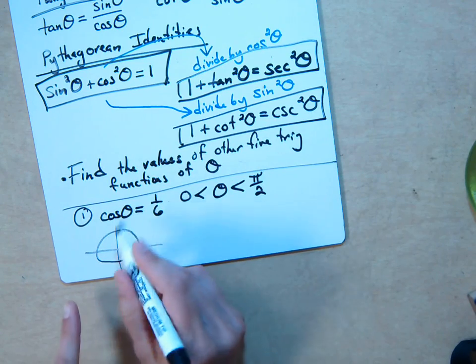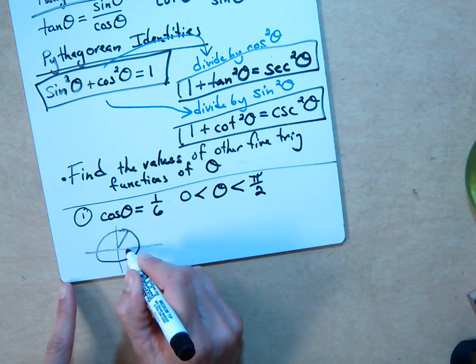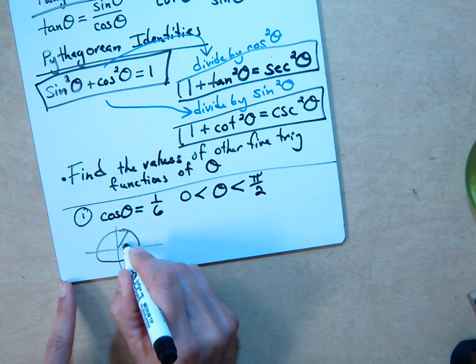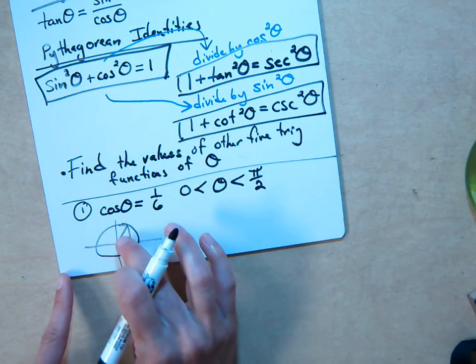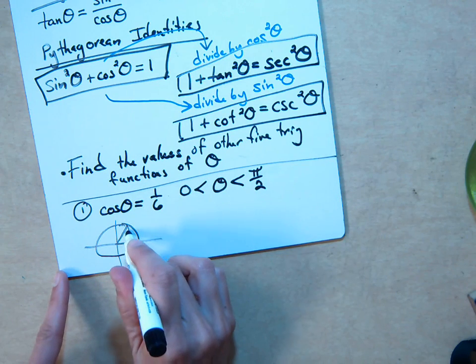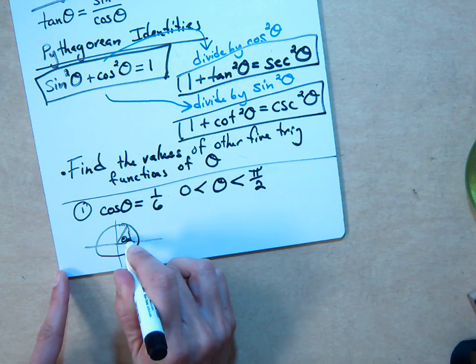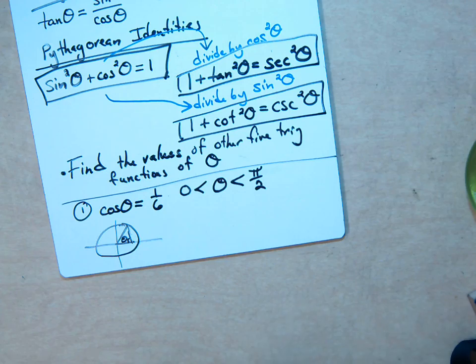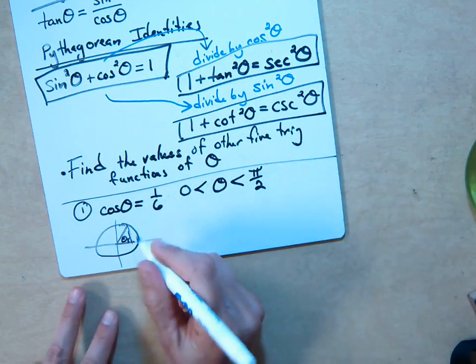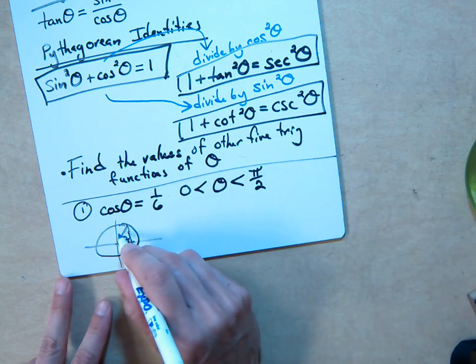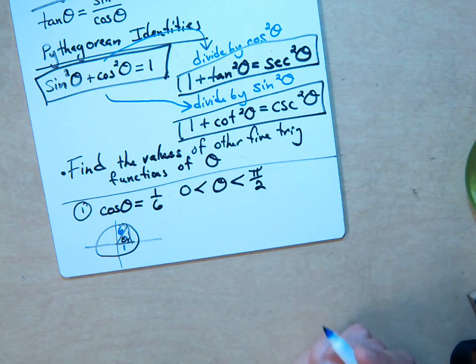So we'll draw a picture of our angle rotating through. Here's theta. Here's our right triangle. And the cosine is SOHCAHTOA: cosine's adjacent over hypotenuse. So adjacent is there and hypotenuse is there. Notice the radius of the circle is 6, so it's definitely not a unit circle.